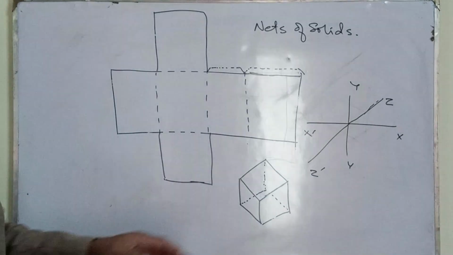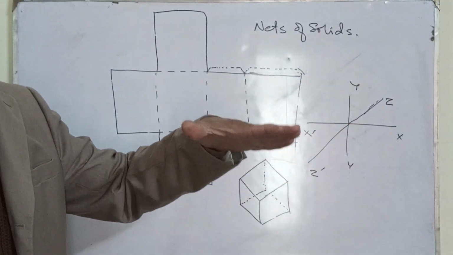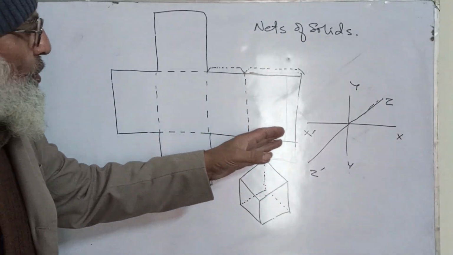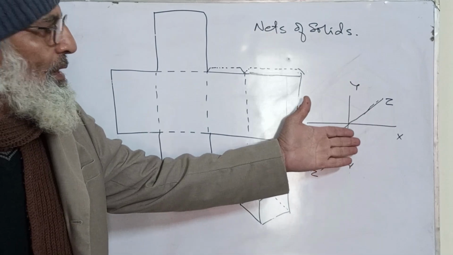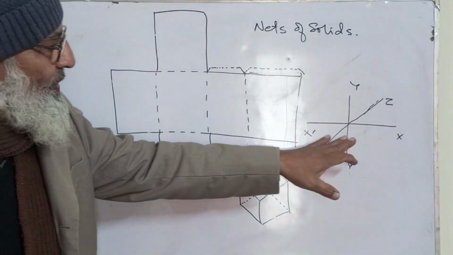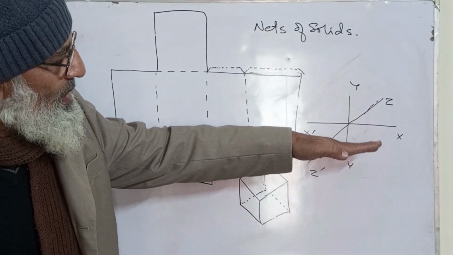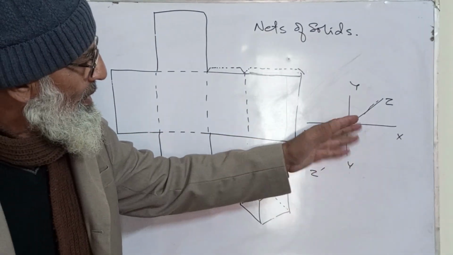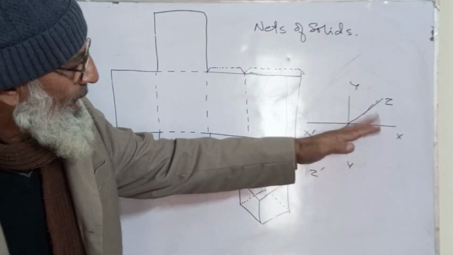And all the three axes are at 90 degrees, at right angles to each other. If you see it very carefully, you can imagine that this plane is like this now, and this plane is like this now.